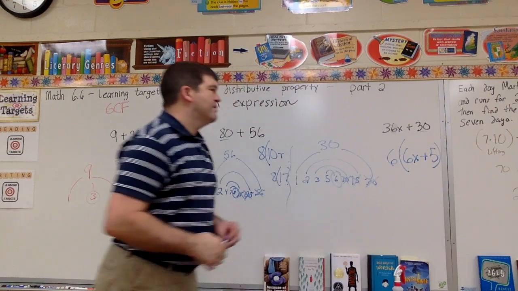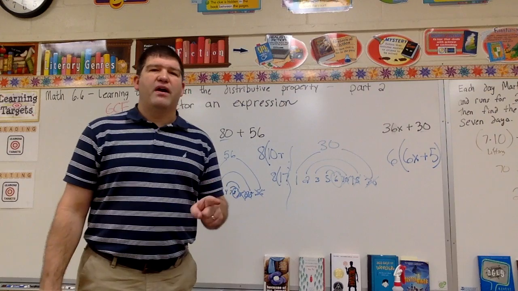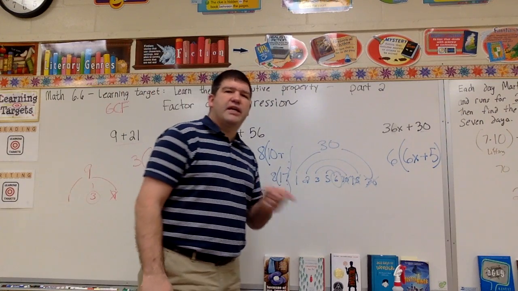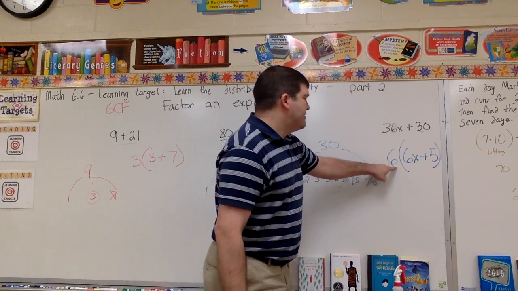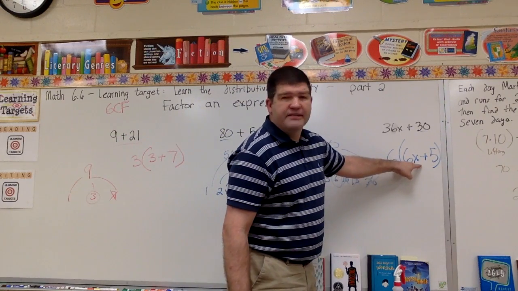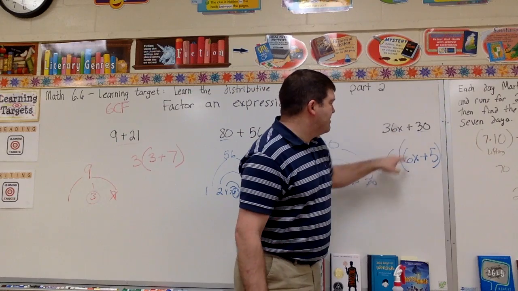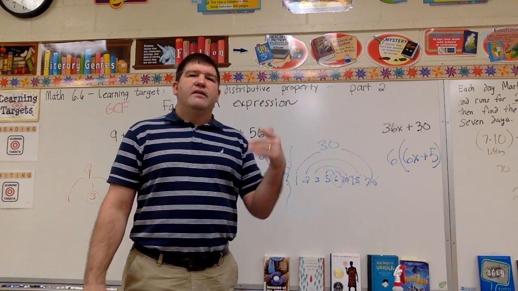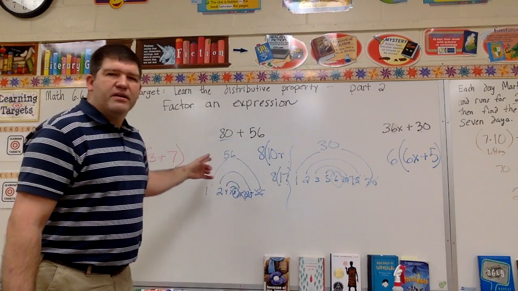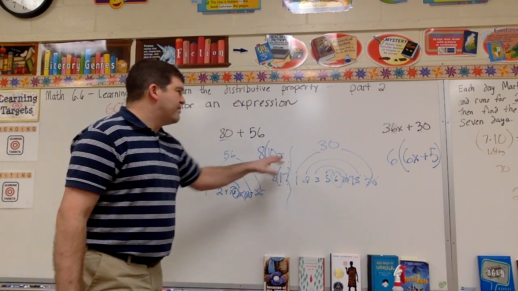Okay. Once you get it this far, it's always important to check it using the distributive property to make sure you got it right. 6 times 6x, 36x, plus 6 times 5, 30. You got it. Please double check your work, take your time, factor things out.